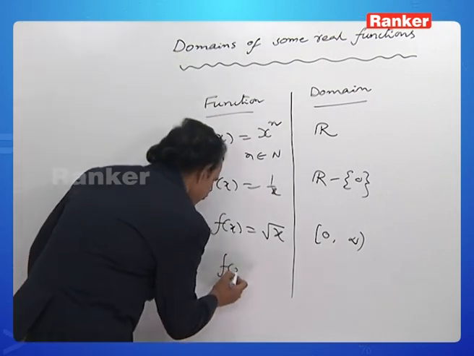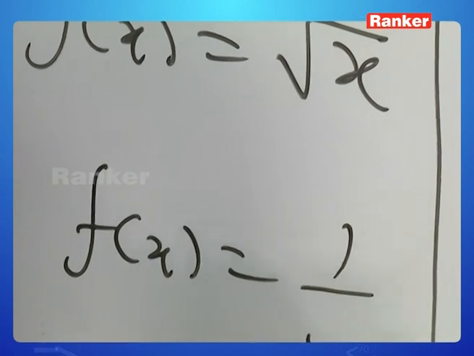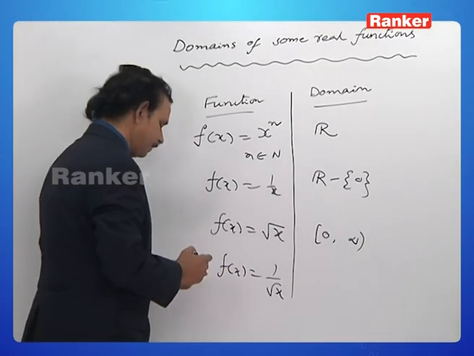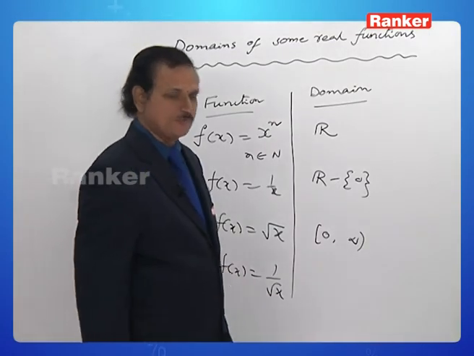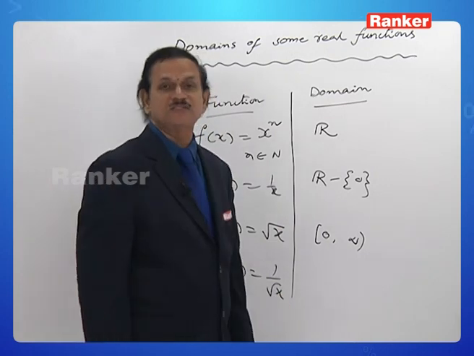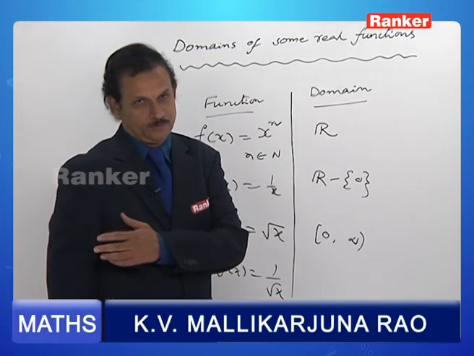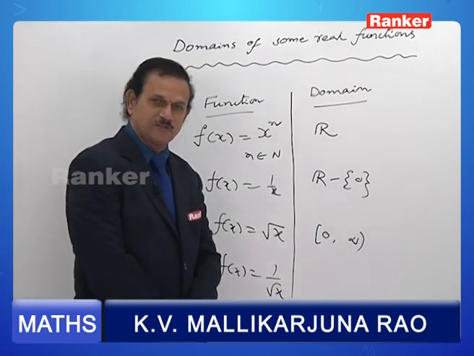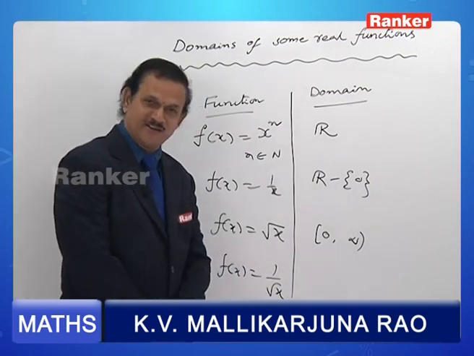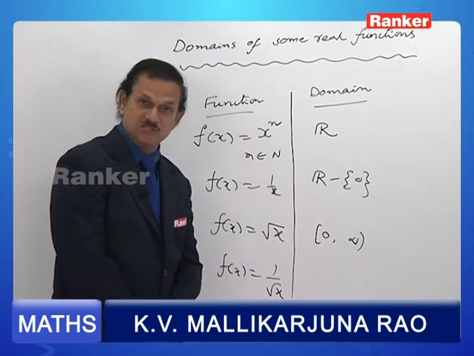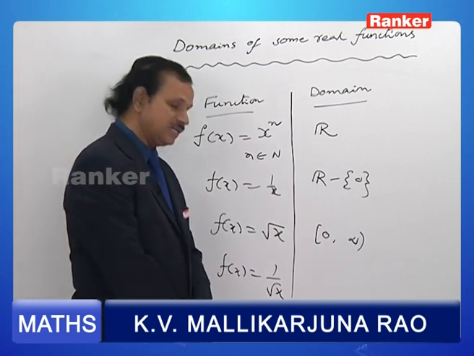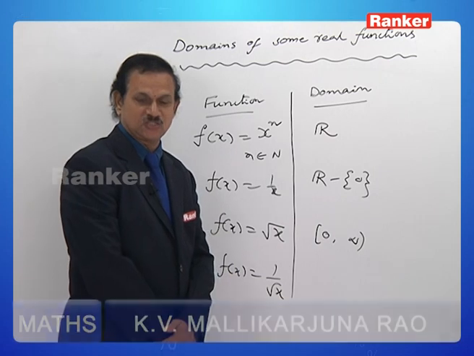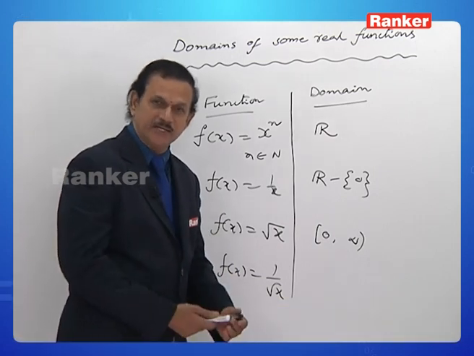Whereas, if you look at the function f of x is equal to 1 by root x, here enough precaution is to be taken that root x is defined but not 0. So in what way should we think? x must be non-negative, and at the same time x must not be 0. It does mean that x is strictly positive only.